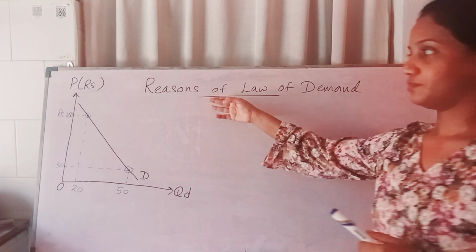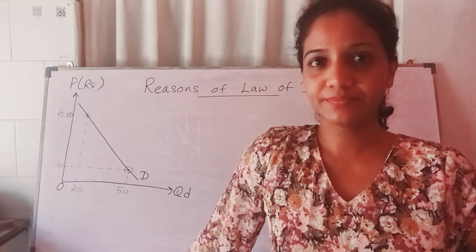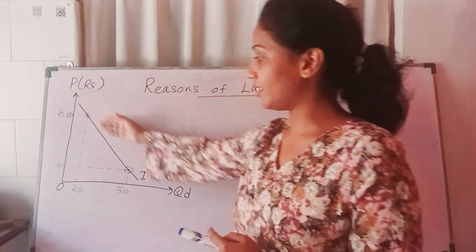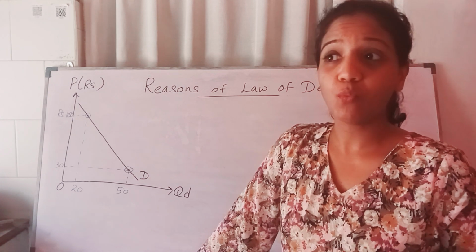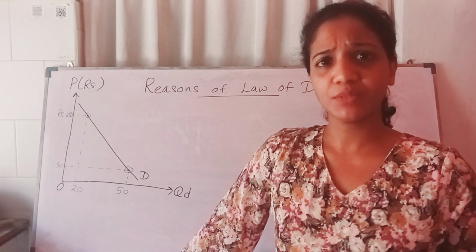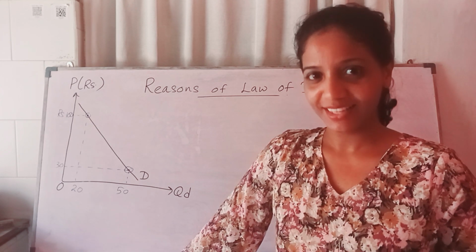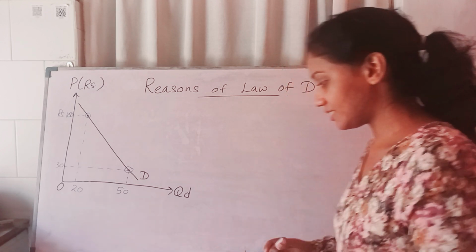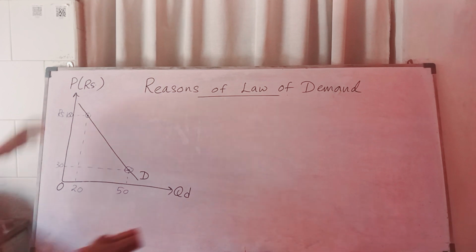Okay, so what are the reasons for the law of demand? Why does the demand curve slope downward for a normal good? Or why, when the price of a concerned good increases, do consumers reduce the quantity demanded? Why? Okay, so let's see what the reasons for the law of demand are.